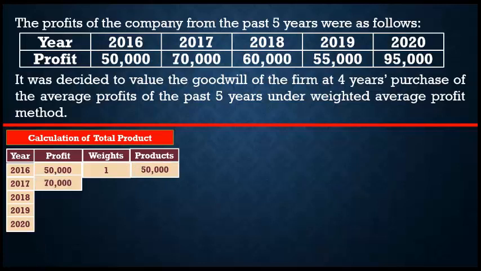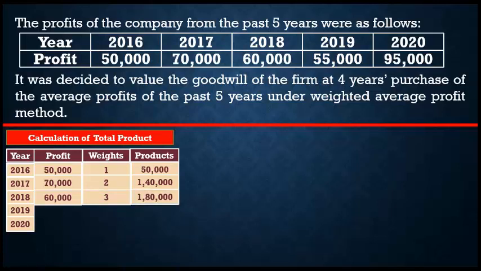Second year profit 70,000, second year weight 2. 70,000 into 2, product 1,40,000. Third year profit 60,000, weight for third year 3. 60,000 into 3, 1,80,000.